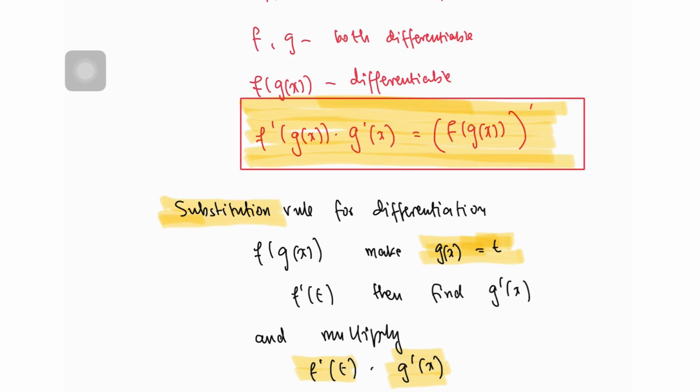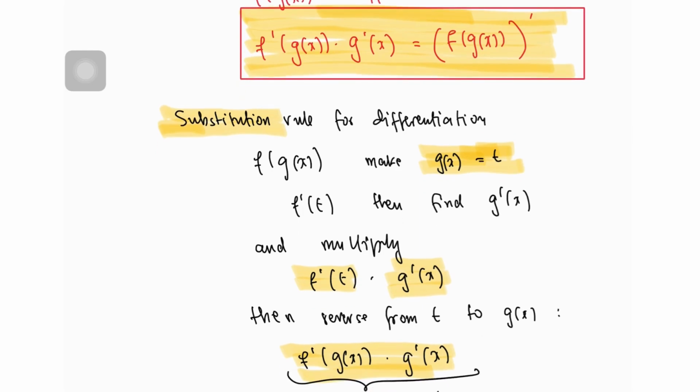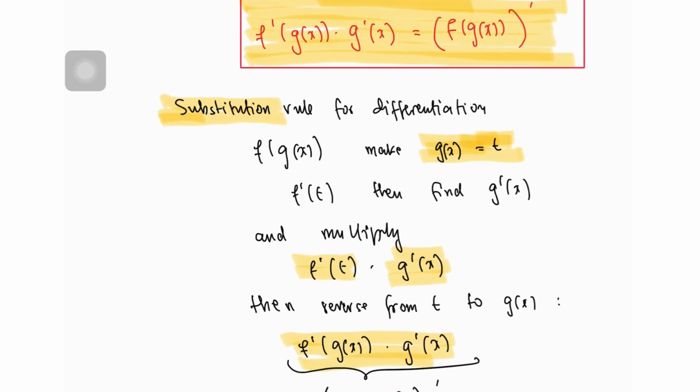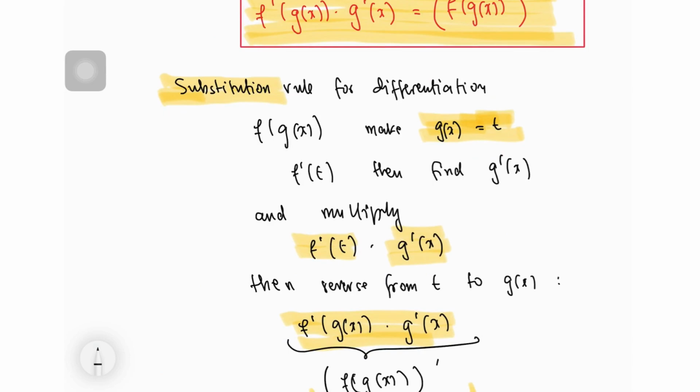There are several ways how this problem can be approached, and I will represent one. That is using the substitution, which is actually the second name for the chain rule. So what we can do is take g of x to be some variable t, and that is actually the substitution.